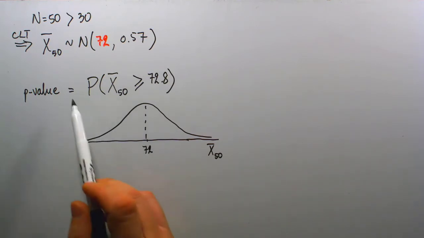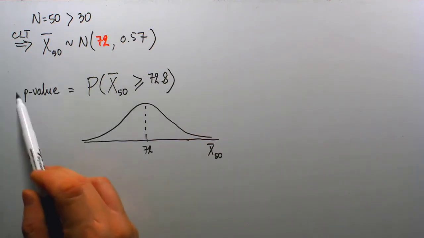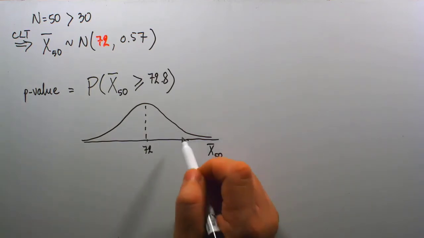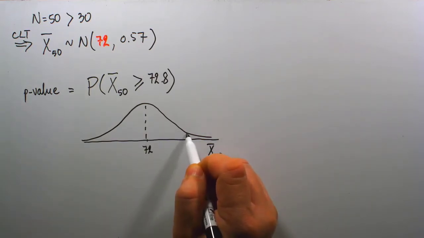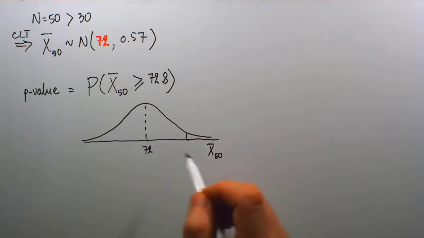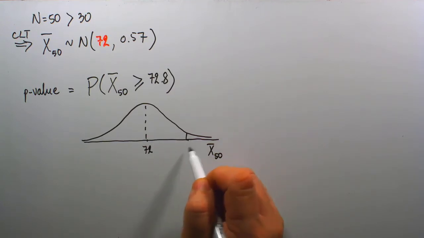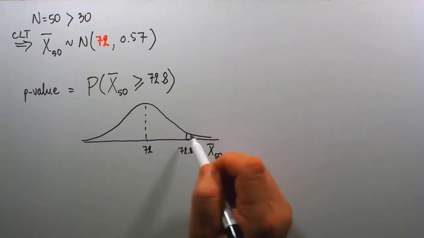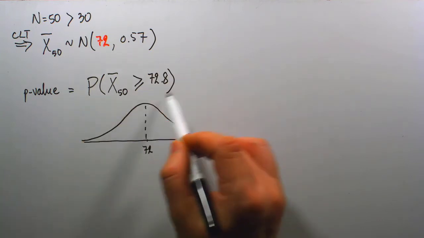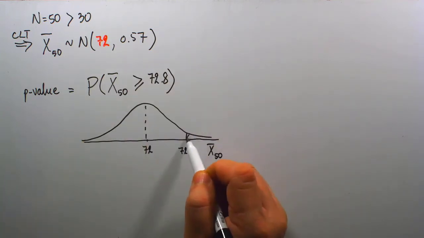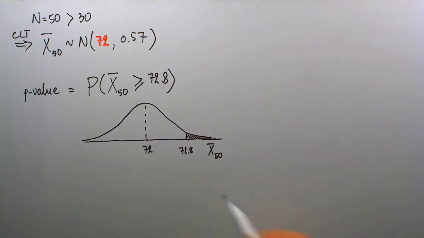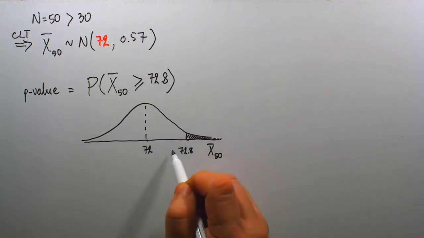And so this p-value calculation among our steps was done as a bell curve problem where 72.8, our sample, is somewhere to the right hand side of the bell curve center, and this probability is graphically represented as the area shaded to the right hand side of our sample mean on the bell curve.